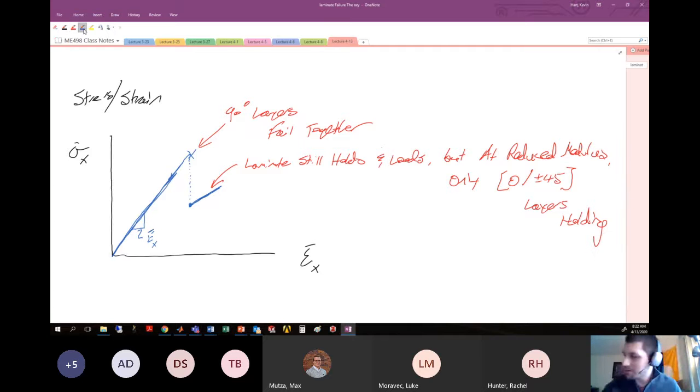All right, so this is going to load up, and then sometime later, another series of those layers in the composite are going to fail. And just from theory or from experience, it's going to be the plus minus 45 degree layers that fail. So now we hit another failure point where this laminate will again reduce load.